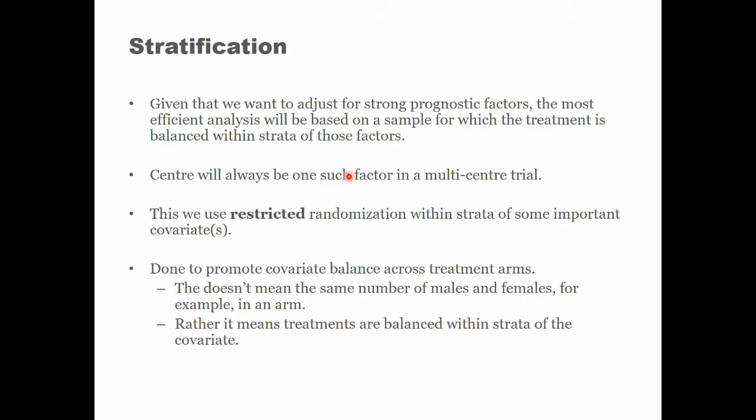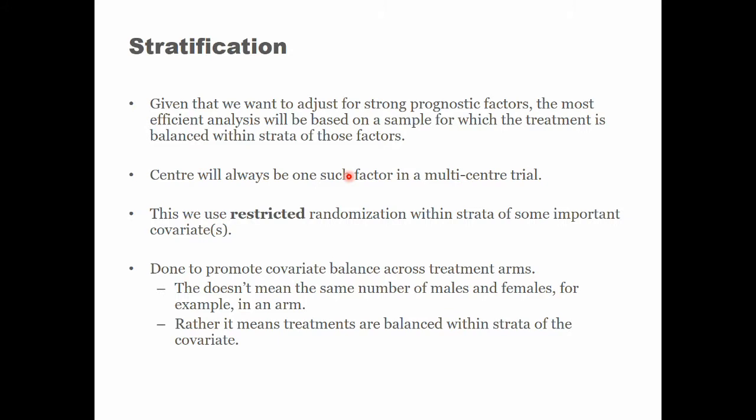If you're concerned about covariate balance, we take some prognostic factor like sex and create a randomization list that's restricted within each sex, and that makes sure that we have an equal number of allocations to treatment and control within each of the sexes. And so that, in the minds of some people, presumably cures the imbalance problem. We've artificially balanced the data set. The only issue with that is we still have to do the adjustment in the statistical model, which I said we should be doing anyway.